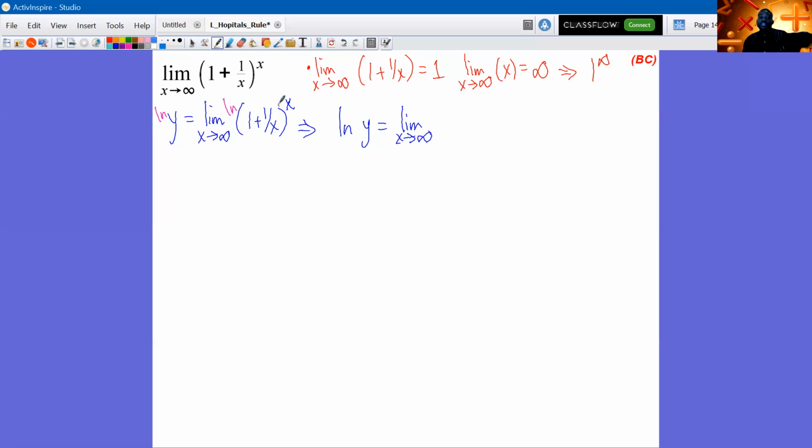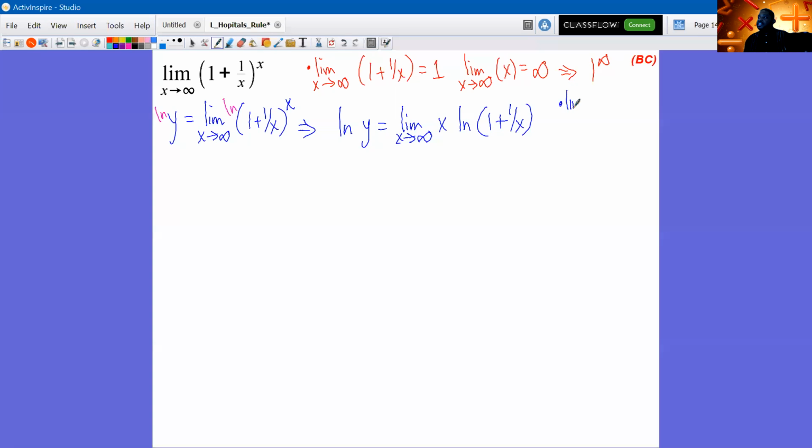Now what's going to happen is the natural log is going to force the exponent to come in front. So we now have x natural log of 1 plus 1 over x. And now we have a new form, so I need to check the indeterminate form.